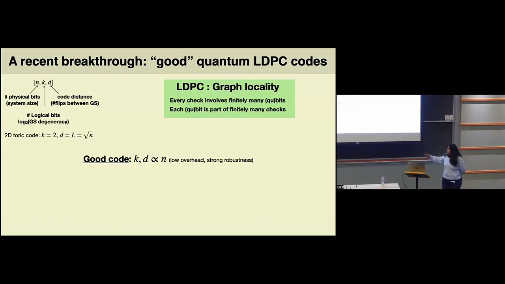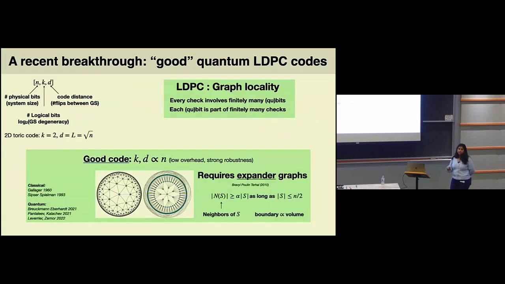Good codes have the code rate k and the code distance d, both scaling proportionally to n. And Bravyi, Poulin, and Terhal showed in 2010 that in order to get such good codes while remaining LDPC, we actually need to put our codes on expander graphs.